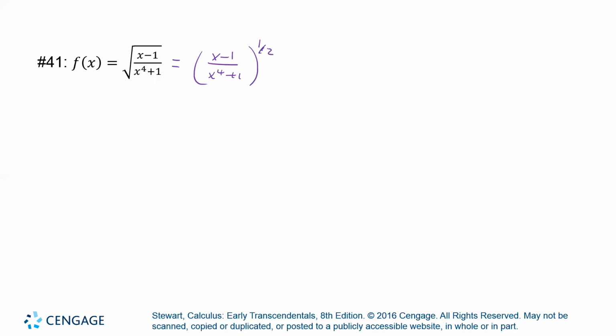But I'm not going to do that, okay? I'll just stick to the log differentiation. So we use the log differentiation to do this. Even though, like I said, I can use the chain rule and then the quotient rule to do that.